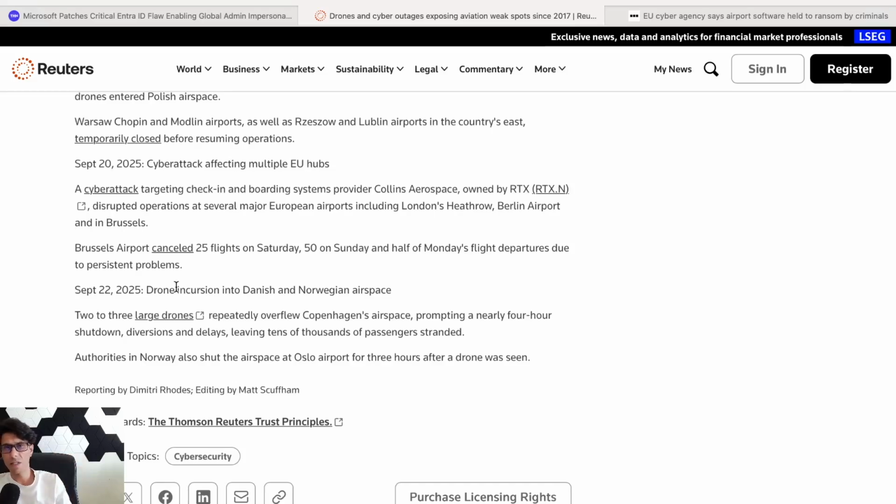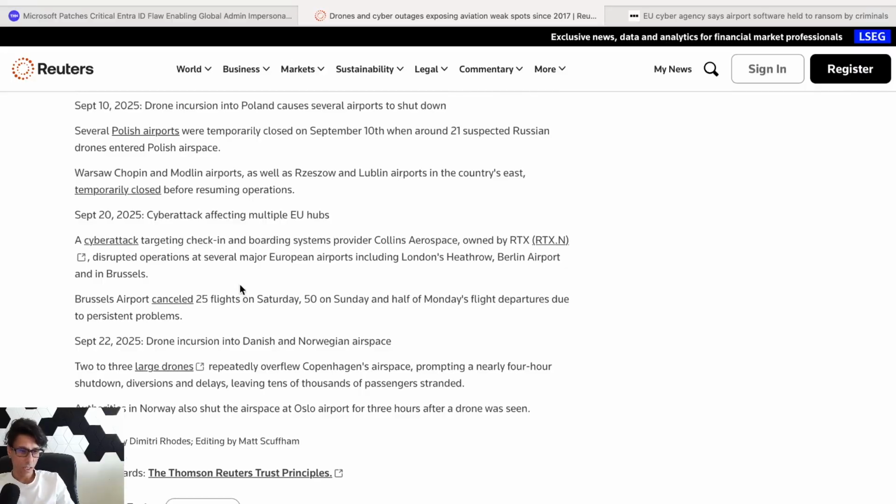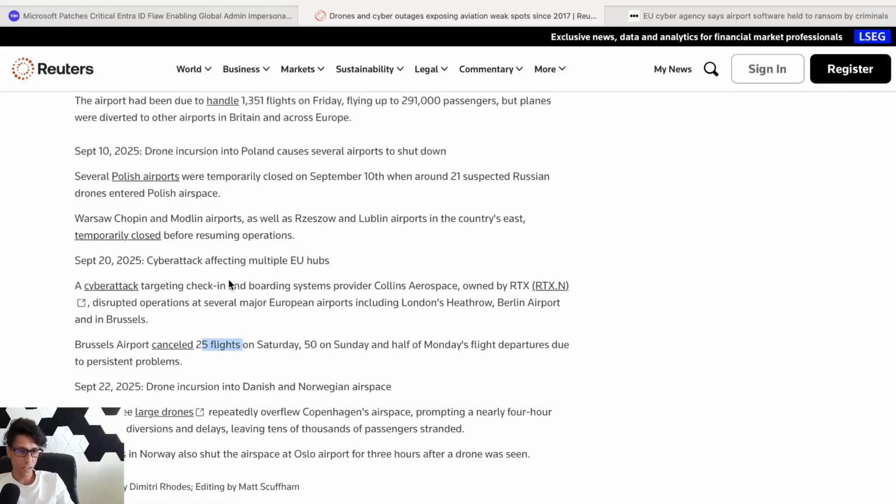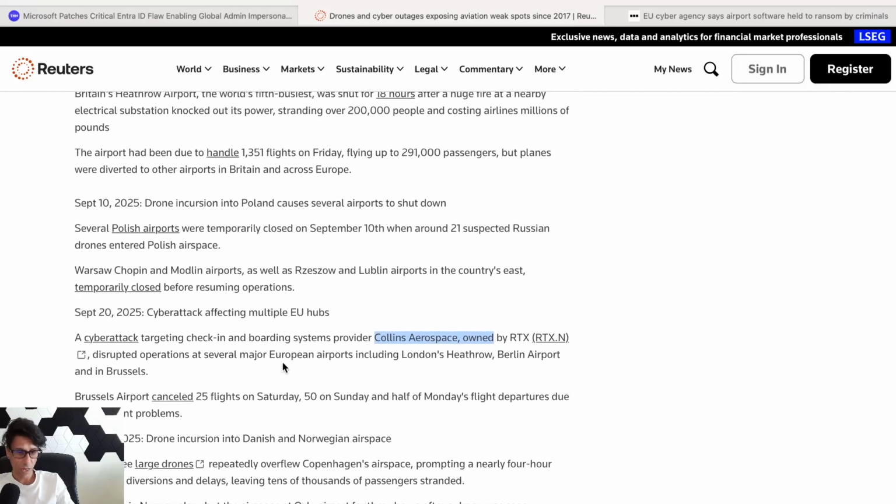I still don't understand why they don't solve this problem, because let's face it, usually these drones are pretty easy to take down. I don't know. It's too ridiculous. Brussels Airport, 25 flights, cyber attack targeting onboard systems. The provider Collins Aerospace, owned by RTX, had disruptions in London Heathrow, Berlin, and Brussels airports. Yikes. Okay. Onboarding systems.